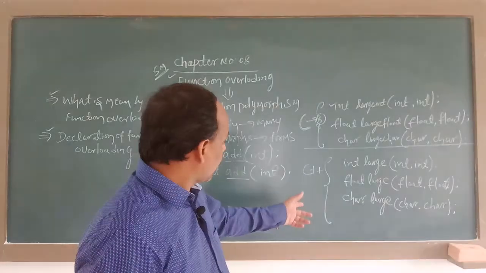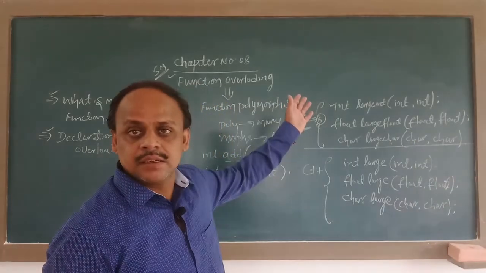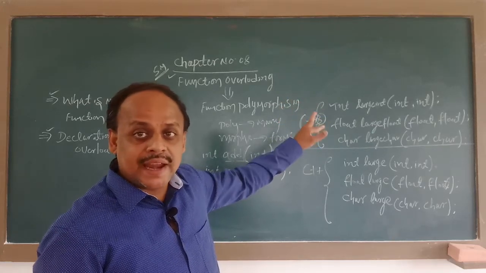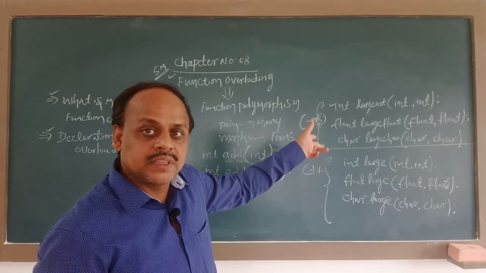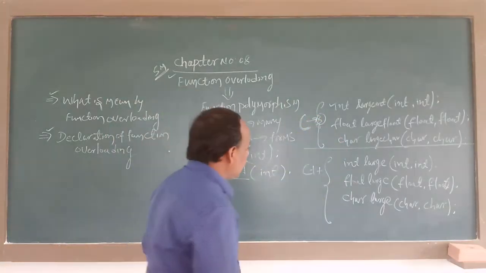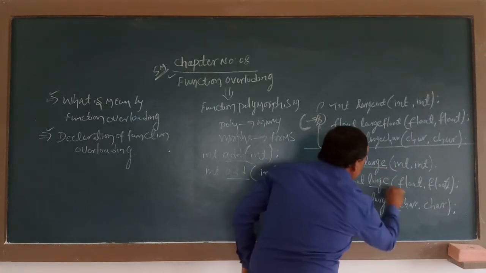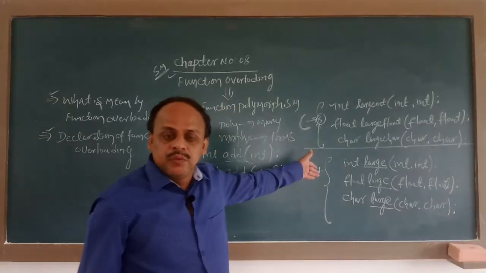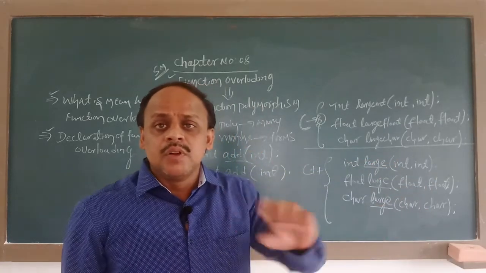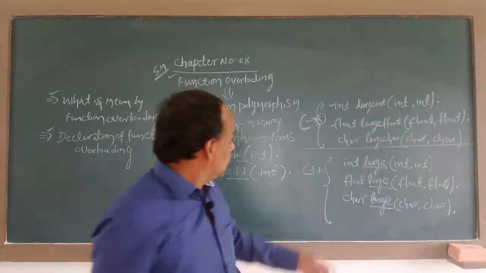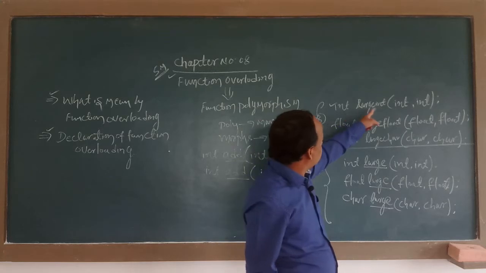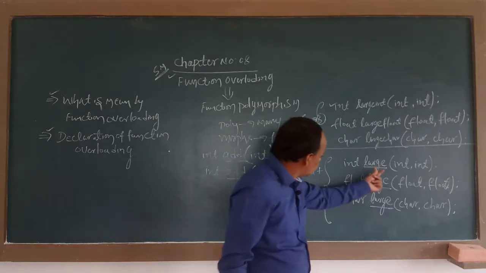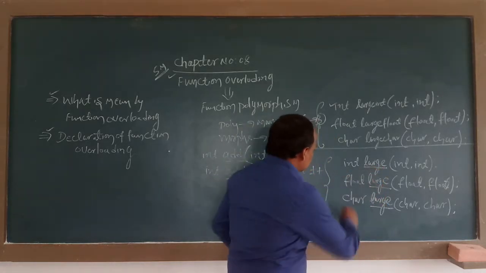See here, in C++ the same task, finding the largest of two integers, two floats, and two characters, can be done with the same function name called large. Means in C++ we are using the same name for different functions, whereas in C we are using different function names for different tasks. Whereas in C++ we are using the same name large for three different tasks.